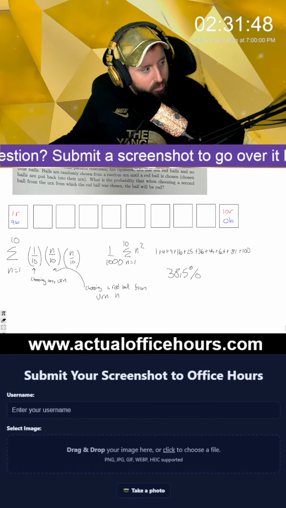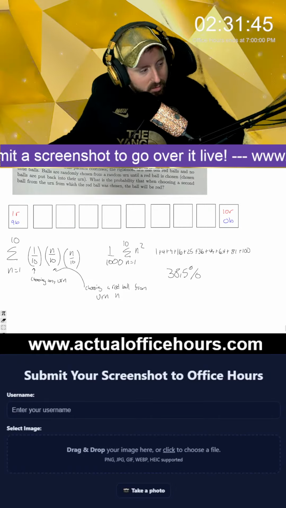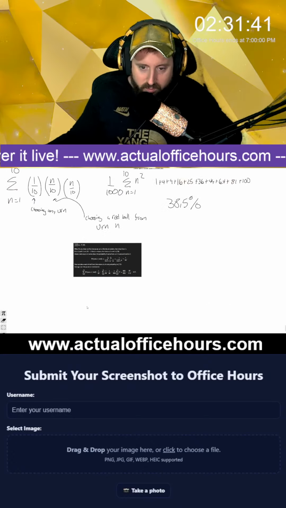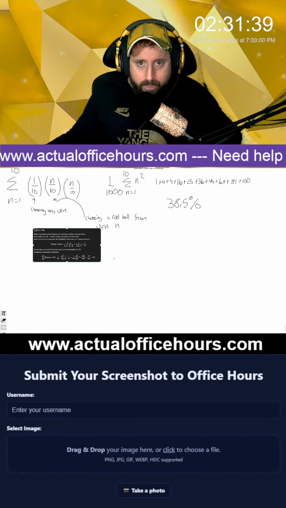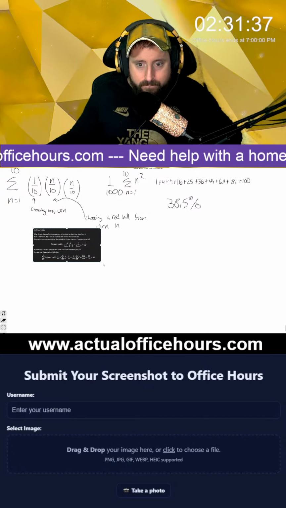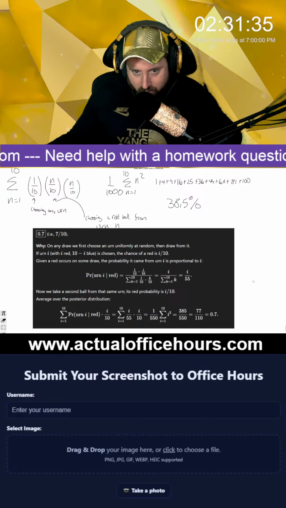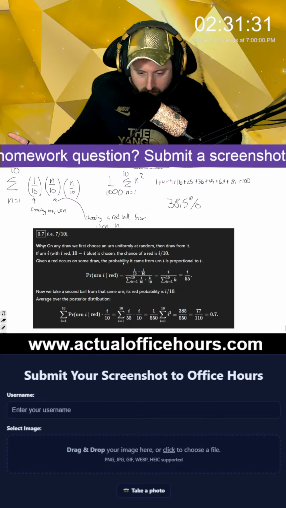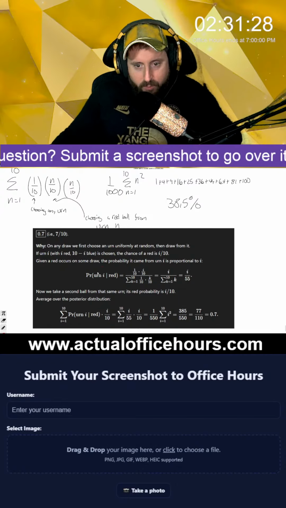Okay, they had kind of a similar method. Yeah, it's conditional. So here's what they said. Given that you've picked a red ball, what's the probability that it's from urn i?